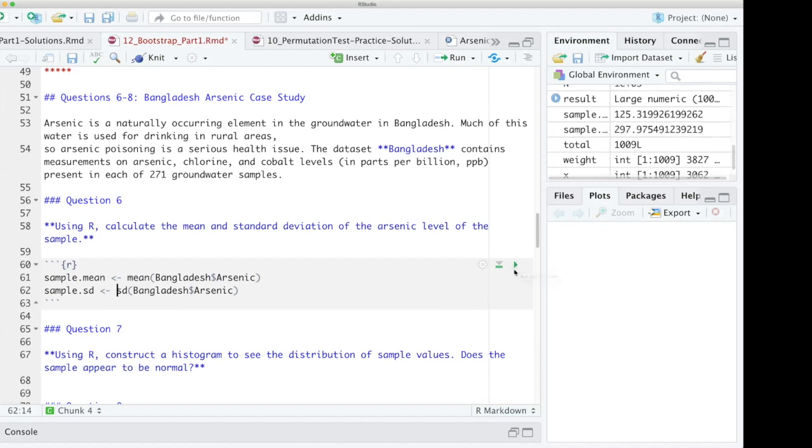I won't see any output here because I assigned them to these values over here. But yes, the mean is about 125 parts per billion, and the standard deviation is about 298.